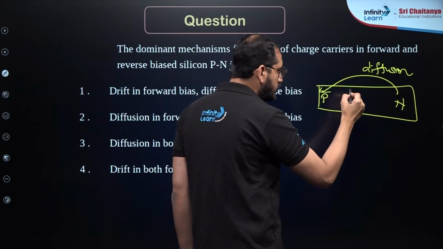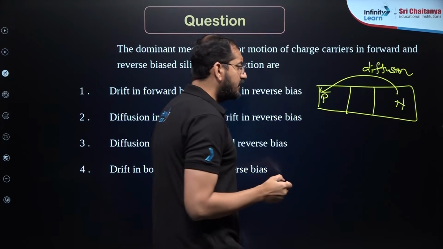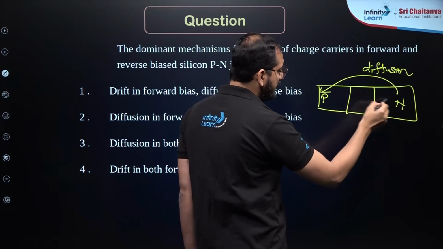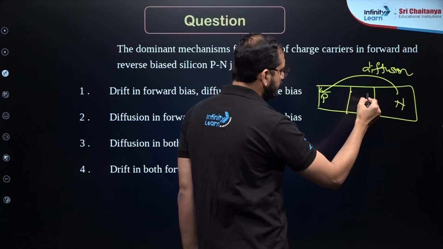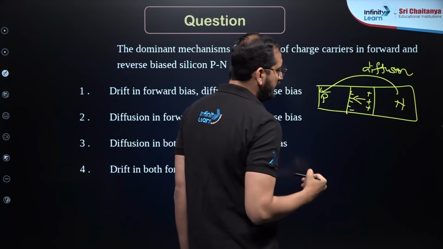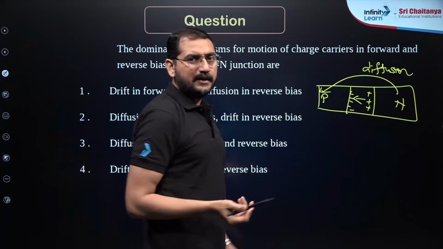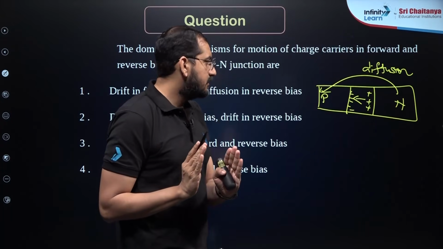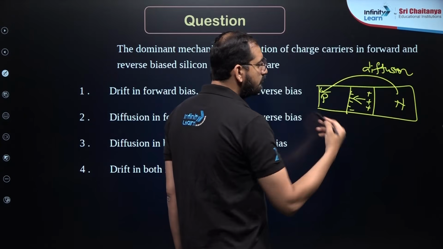Okay. Eventually, a depletion layer is going to form over here, and the direction of the electric field will come like this, and as soon as any electron hole pair comes into existence inside the depletion layer, because of this electric field, they are going to move apart.